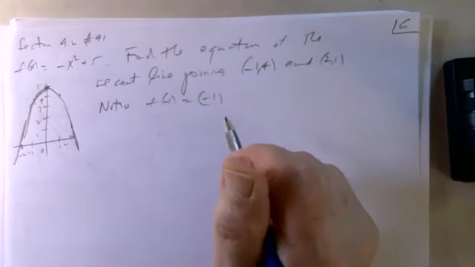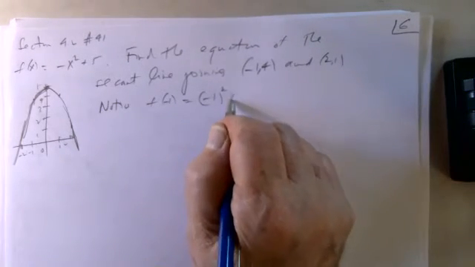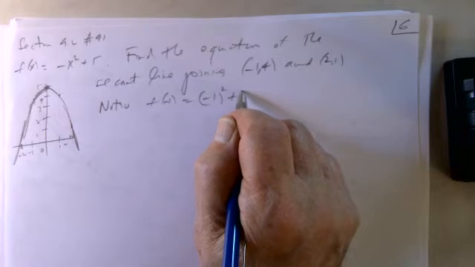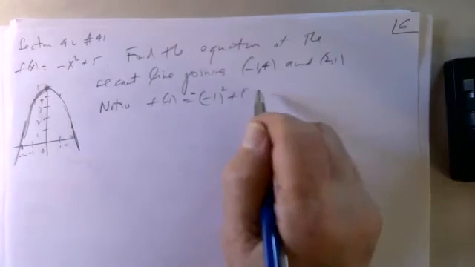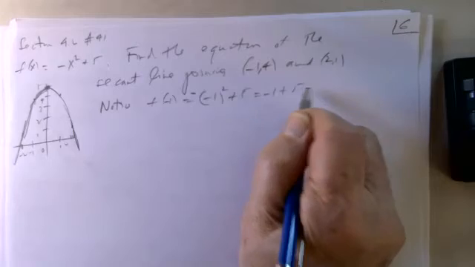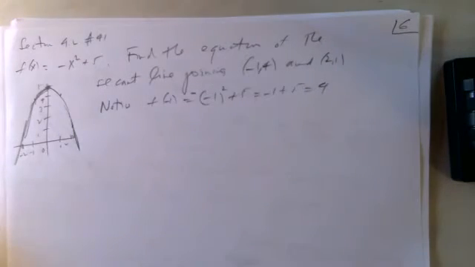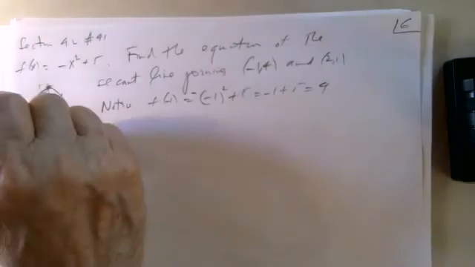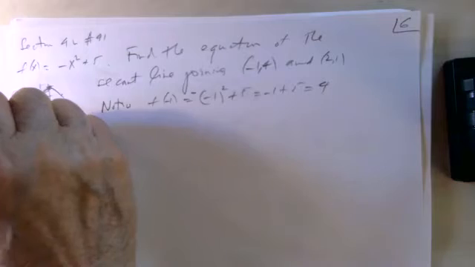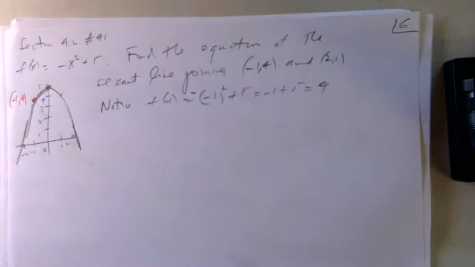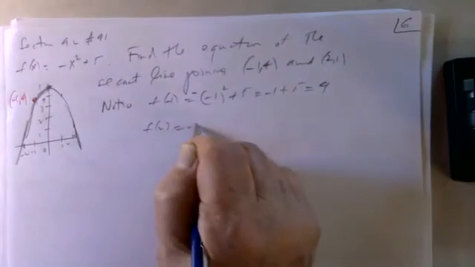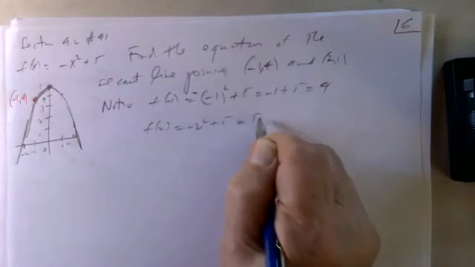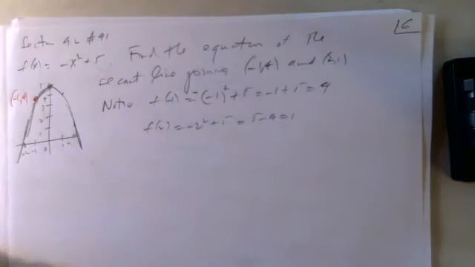minus 1 squared plus 5, which is minus 1 plus 5, which is 4. So that's this point on the curve, minus 1, 4. f of 2 is minus 2 squared plus 5, which is 5 minus 4, or 1.